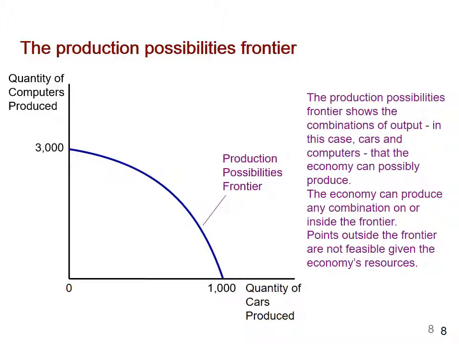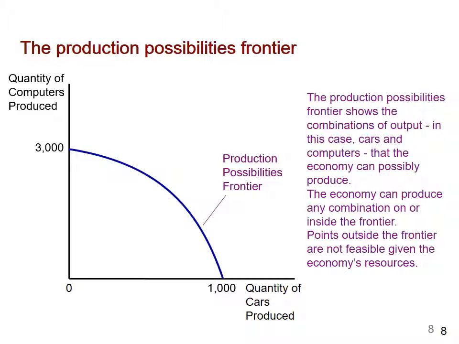The PPF is this blue graph. Suppose this country devotes all its resources to the production of computers. It can make 3,000 computers. And let's say it devotes all its resources to the sole production of cars. And it can get 1,000 cars. The points 3,000 and 1,000 are on the PPF.